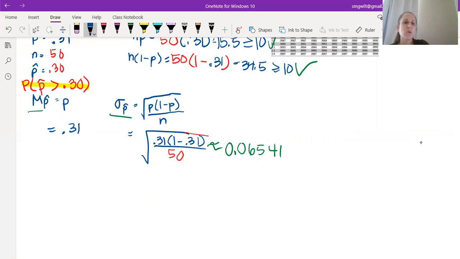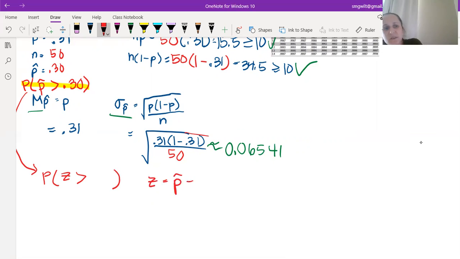Okay, so if we think about the probability that we're looking for, remember we have to find our z-score. So we're going to find the corresponding z-score. The z-score is going to be p hat minus the mean of p hat, divided by the standard deviation of p hat.